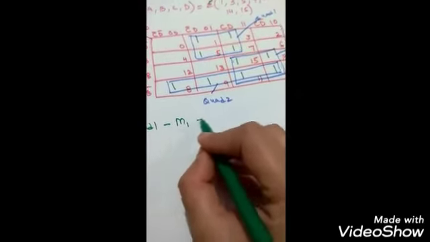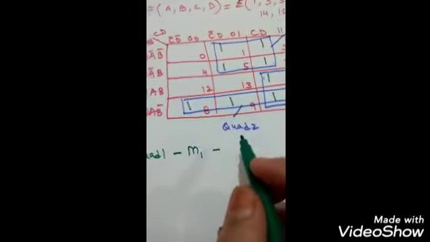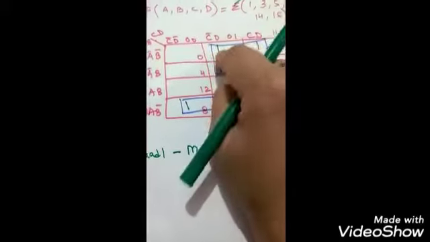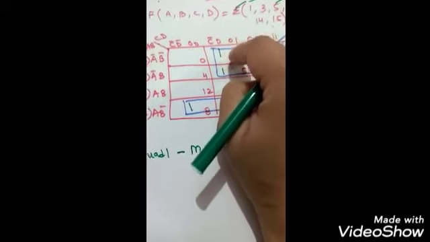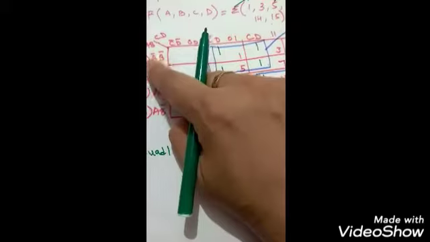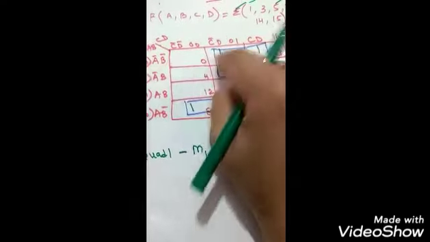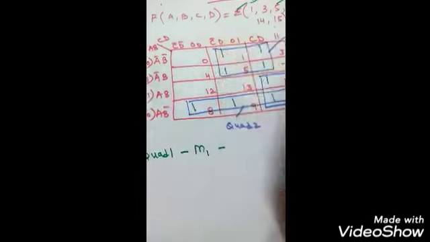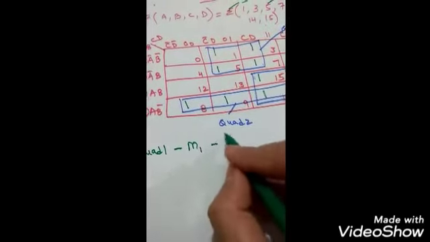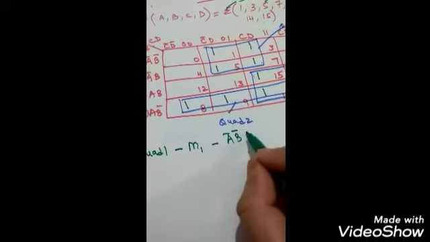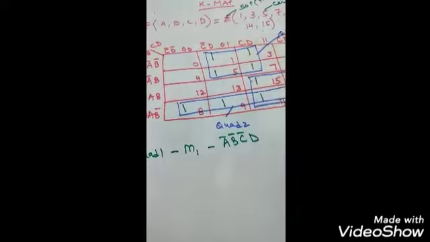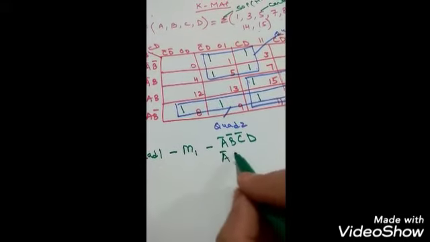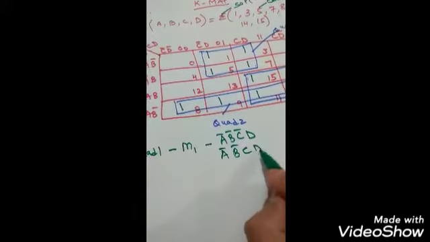When we write them, if you have seen the earlier videos, we take the intersection of row and column to designate the minterm, or with the help of a truth table we can also write it. For M1 we have A complement, B complement for this cell and C complement and D from above: A complement, B complement, C complement, D. Similarly for M3 we take A complement, B complement and from above C, D: A complement, B complement, C, D.